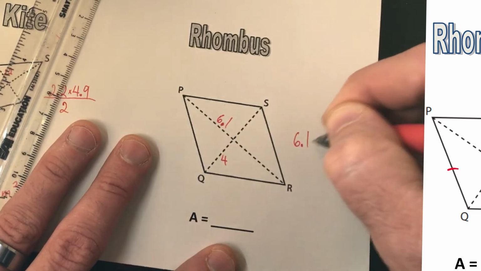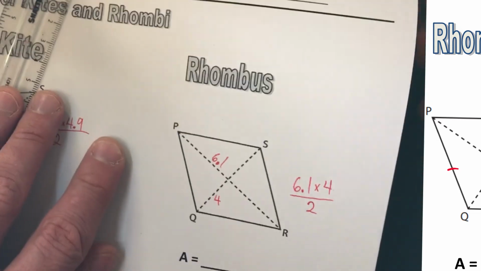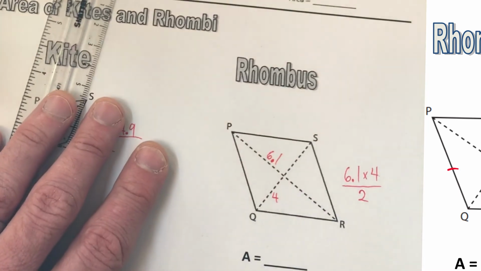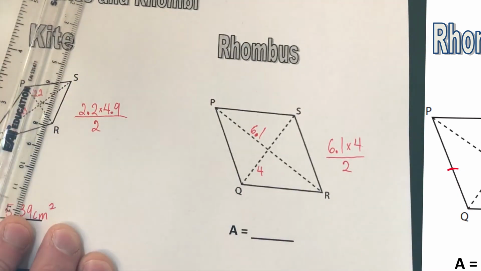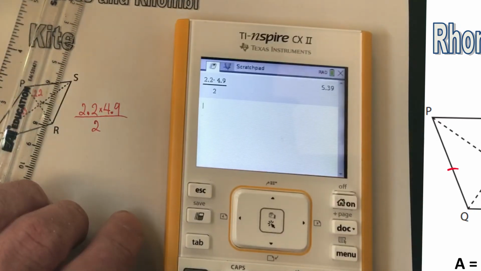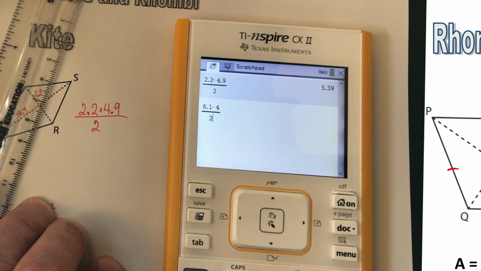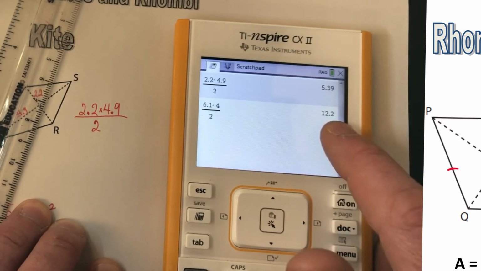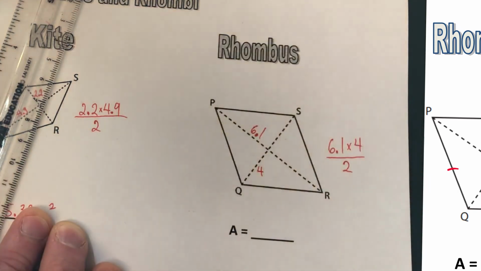So again, I'm going to go diagonal 1 times diagonal 2 divided by 2. Area of about 12.2 square centimeters.